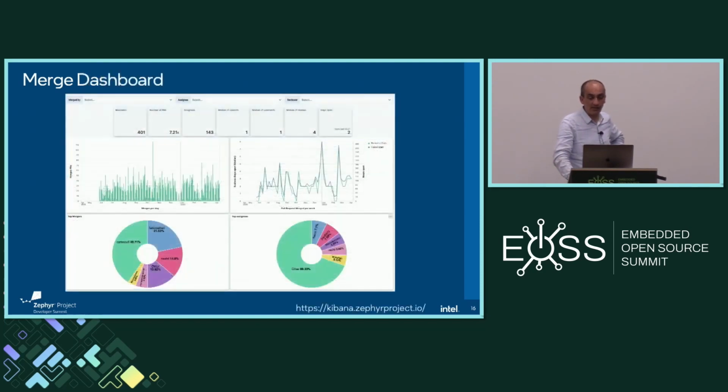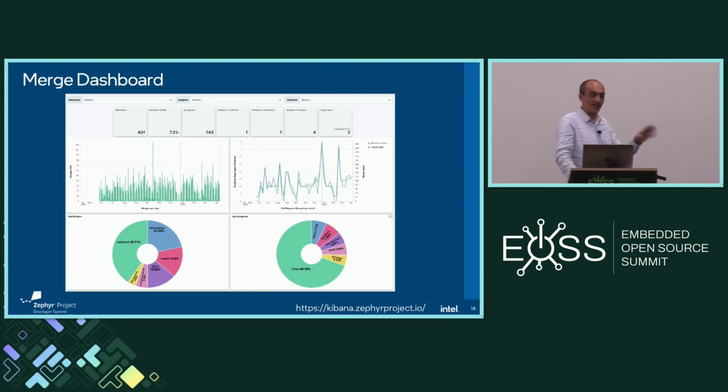Just to show you an example, this is a dashboard we created to track any pull request that is merged, basically tracking who merged it, who was the submitter, and so on. It has helped us identify trends. When you start using the merge queue or the merge list, everything is transparent.